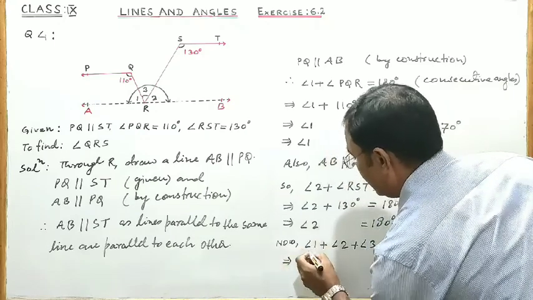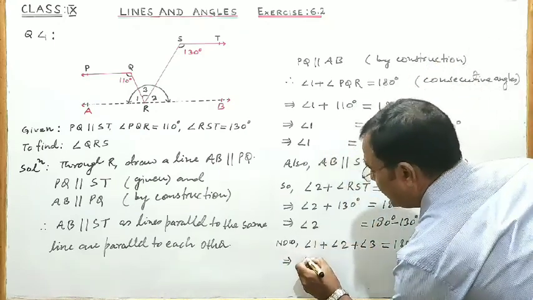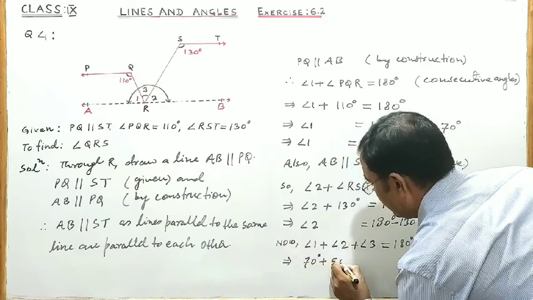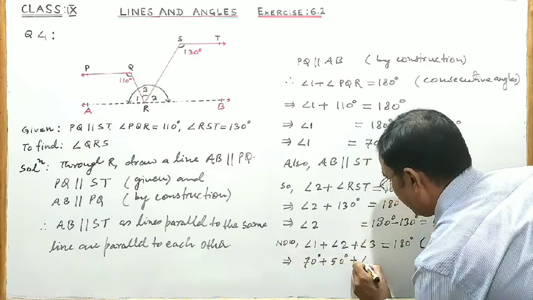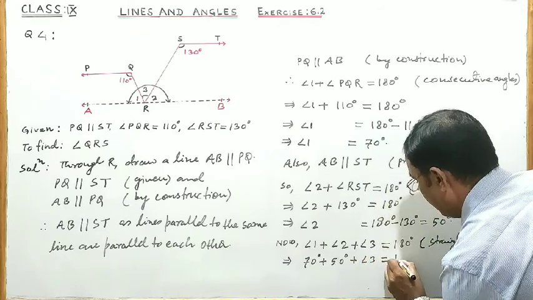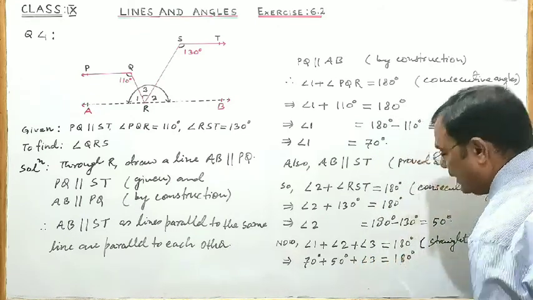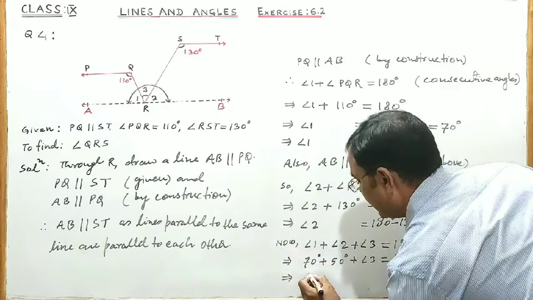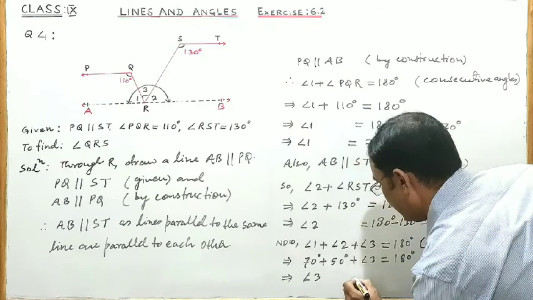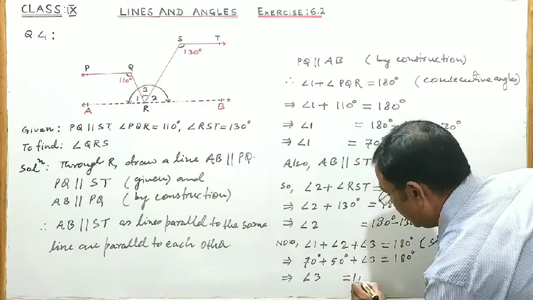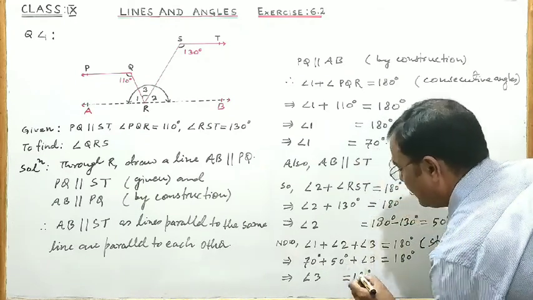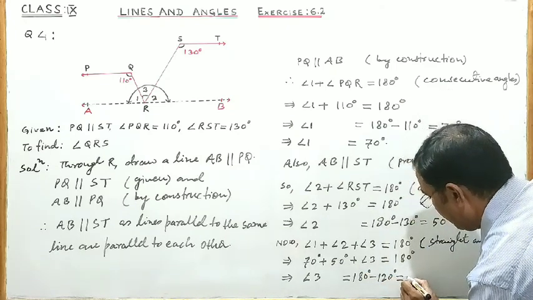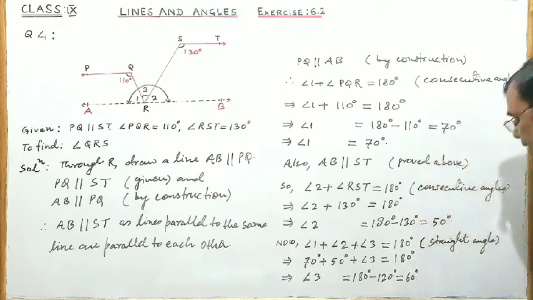This implies angle 1, 70 degrees, plus angle 2, 50 degrees, plus angle 3 is equal to 180 degrees, and this further implies that angle 3 is equal to 180 degrees minus 120 degrees is equal to 60 degrees.